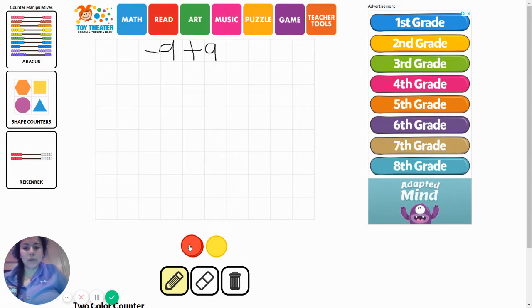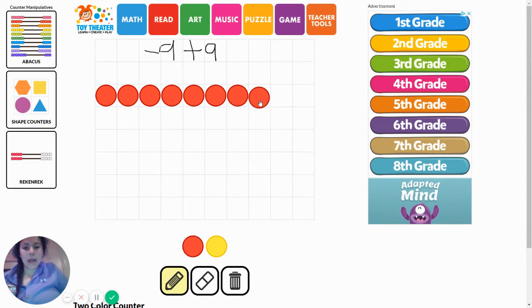So I'm going to have to use 9 counters: 3, 4, 5, 6, 7, 8, and 9. I am adding 9 positives. So since I'm adding 9 positives, I have to put 9 positives.